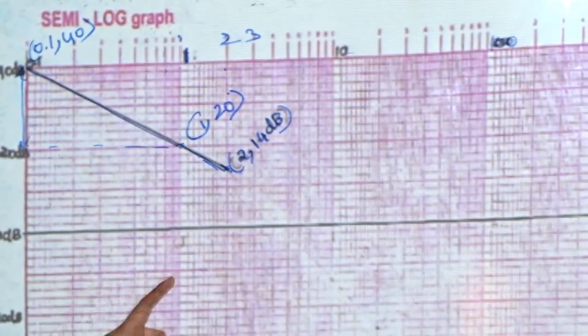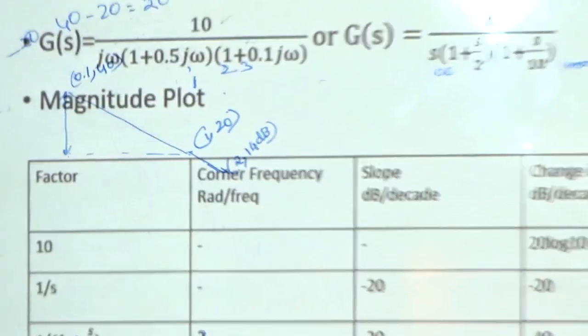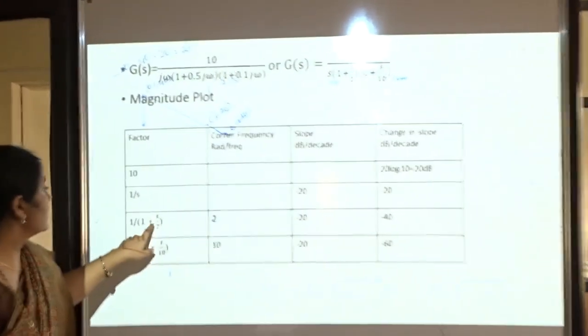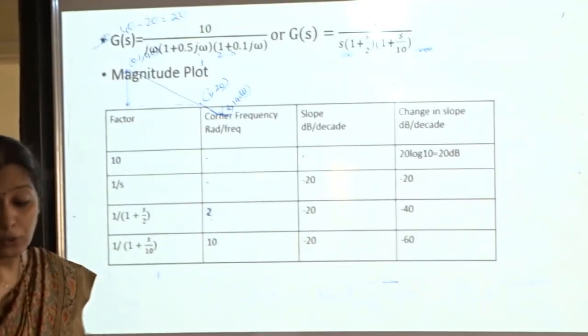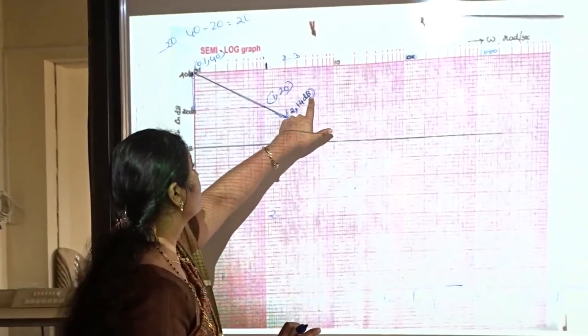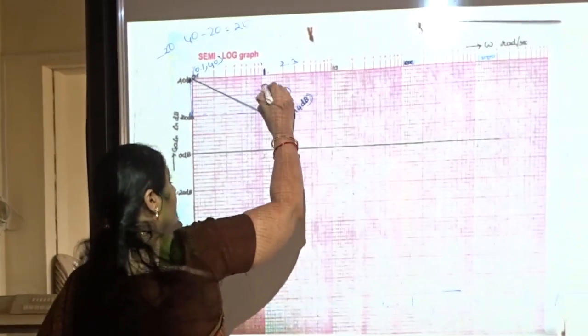At this point, a pole is getting added. That is the second pole, it is getting added at 2. Now, look at the coordinate of this, it is 2, 14 dB. When you are adding a pole, this was already at minus 20.